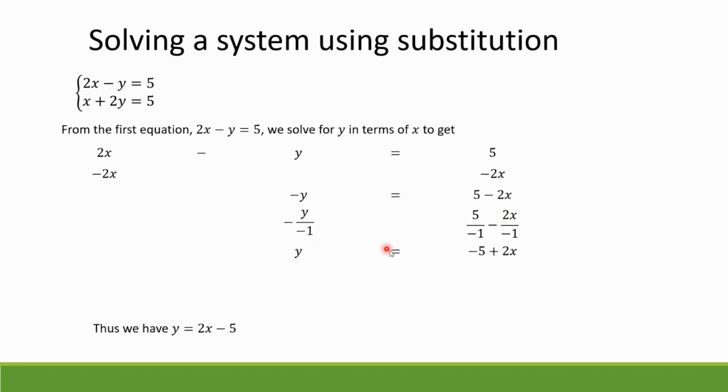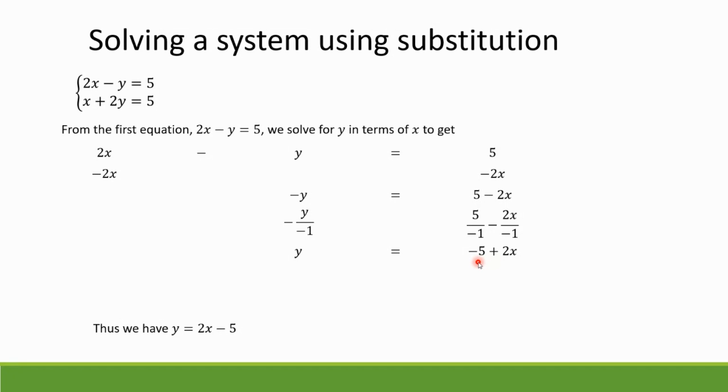Dividing by -1, we get -5 becomes plus, so y is -5 plus 2x, which is the same thing as 2x minus 5. So we get y is 2x minus 5.